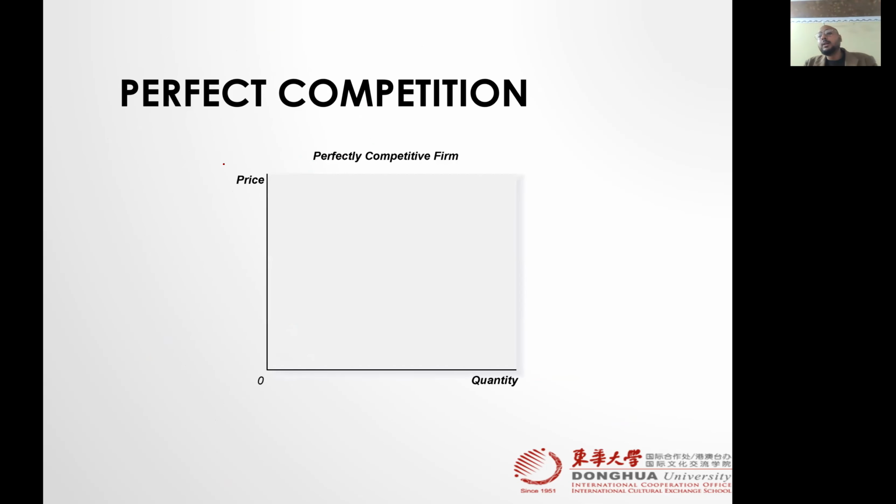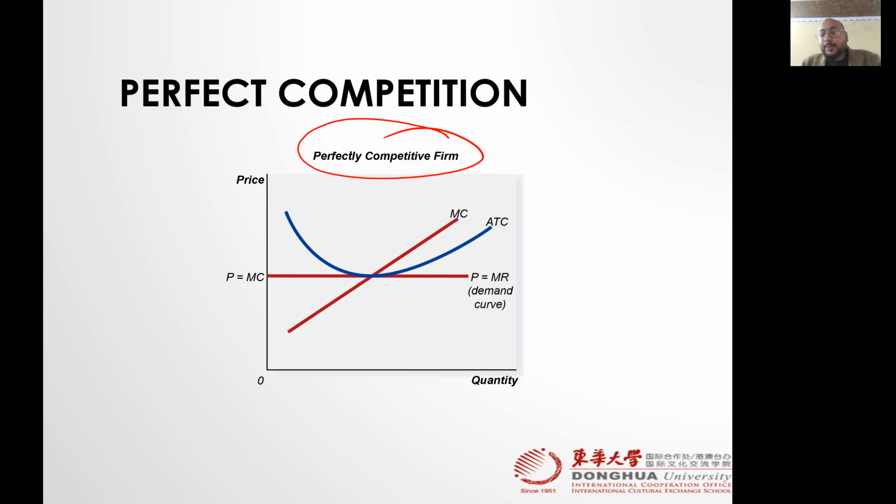So let's see how a perfectly competitive firm is producing at efficient scale. Let's look at the analysis of perfect competition. Perfect competition is producing exactly where this is the demand and this is the supply, and this point is where price equals AR equals MR equals MC equals ATC, average total cost.